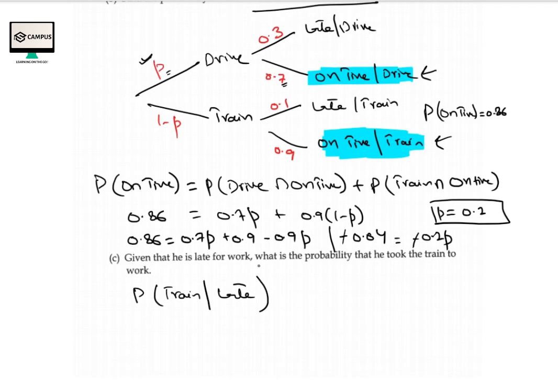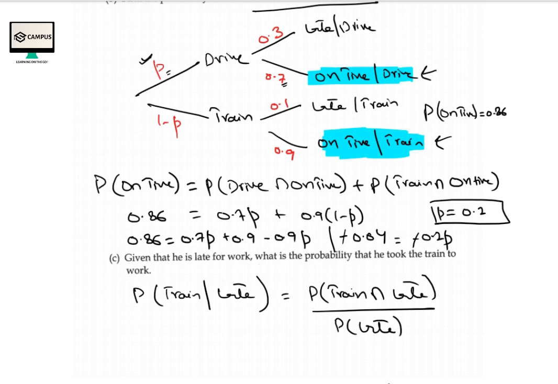So this is the probability of train given that he's late for work. By definition, this is equal to the probability of train intersection late over the probability of late. The denominator is known to us because the probability of on time is 0.86, which is given in the question. So the probability of late would be 1 minus 0.86, so 0.14.